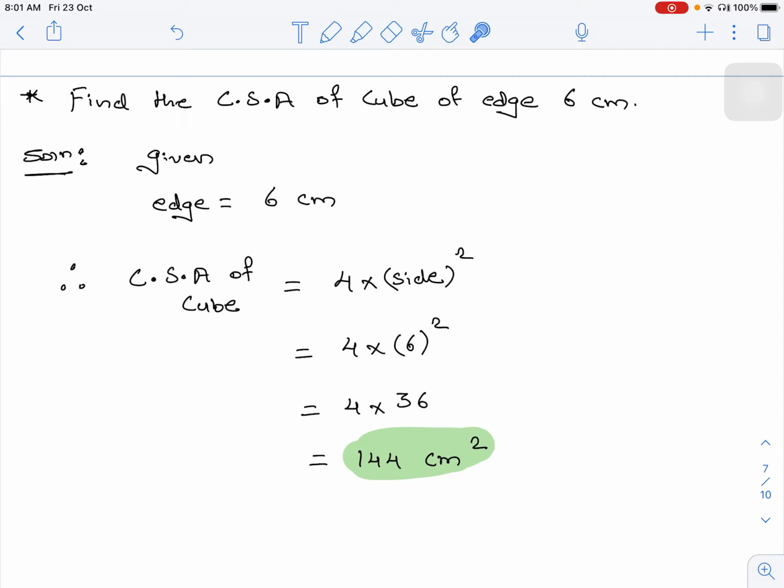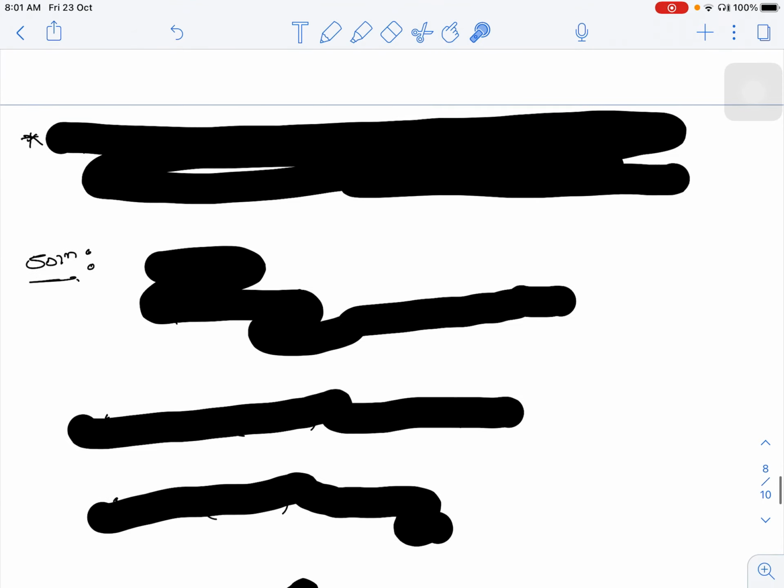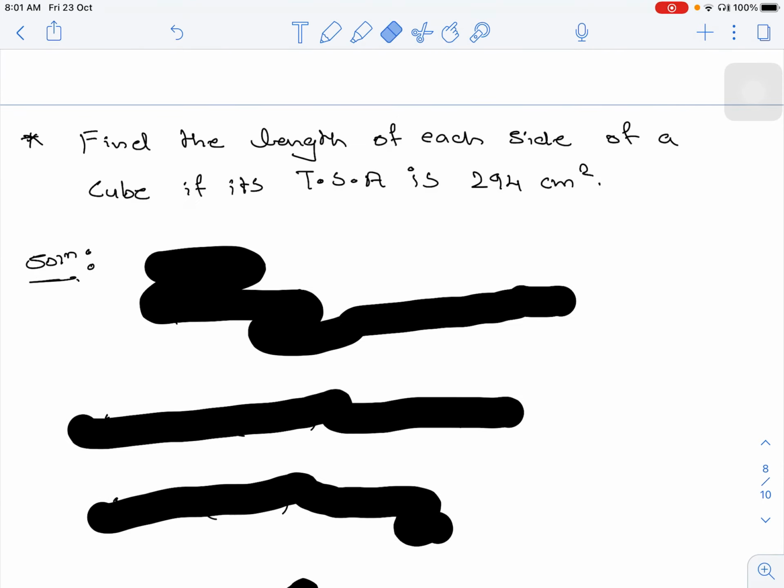Now let us see another example. In this example it is given: find the length of each side of a cube if its TSA is 294 centimeters square. Here we are provided with the TSA, and from this TSA we have to find the length of each side.